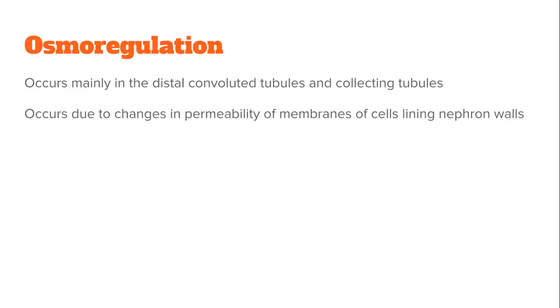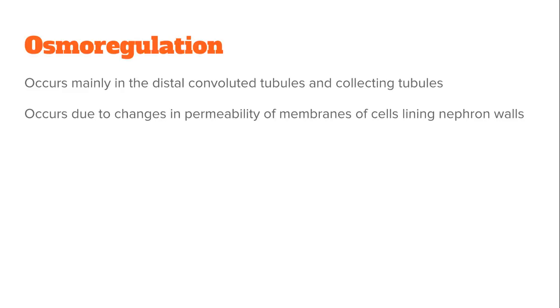We've discussed osmoregulation before, but now that we know the structure of the nephron, we can remind ourselves that osmoregulation occurs in the distal convoluted tubules and the collecting tubules. So that's where the most water is reabsorbed, and that's due to changes in the permeability of membranes in those cells.